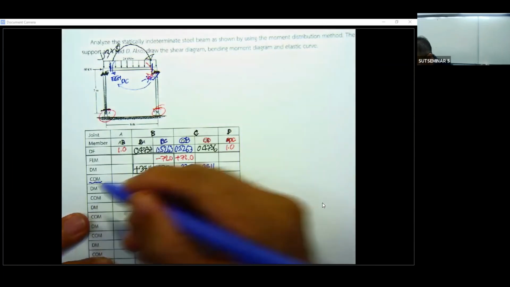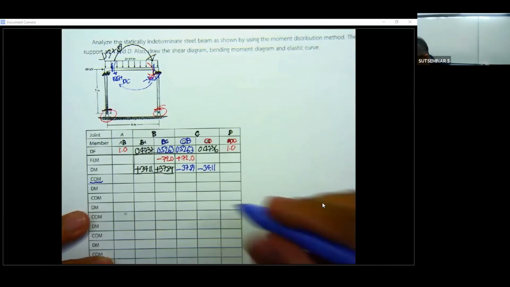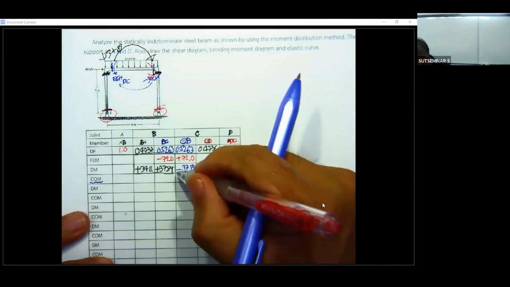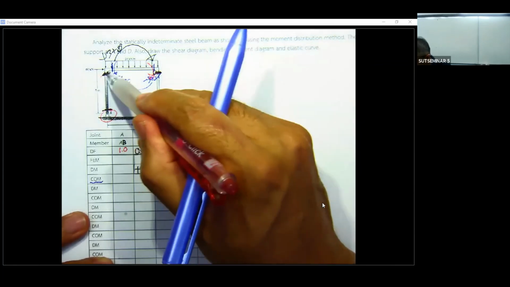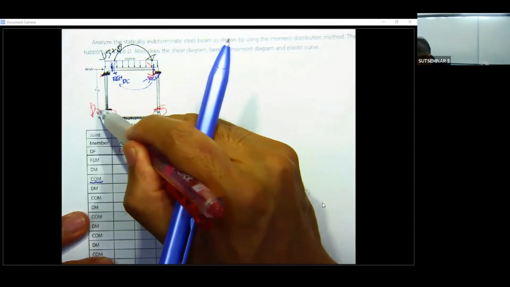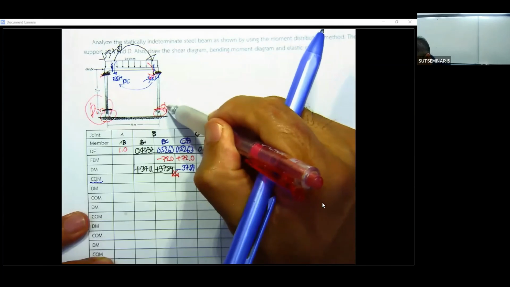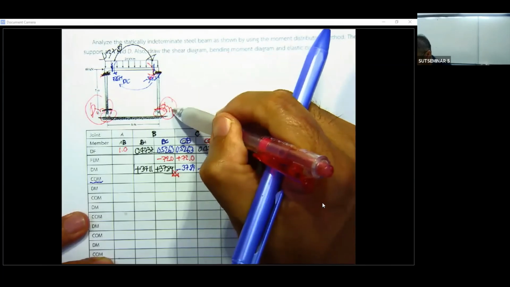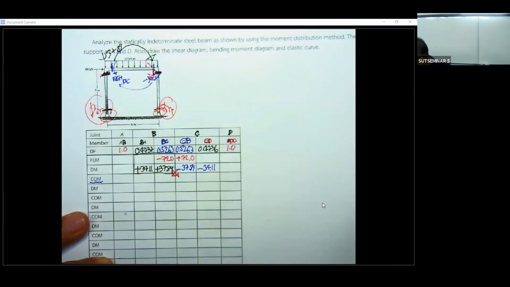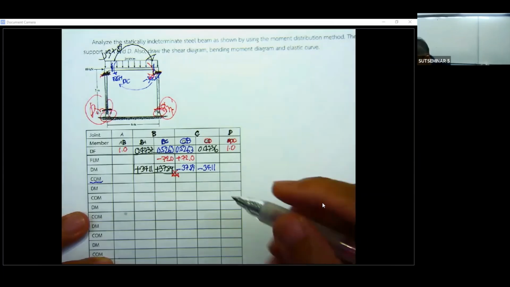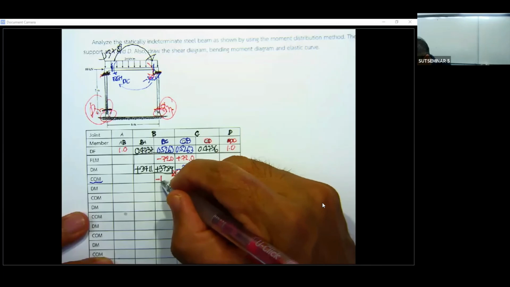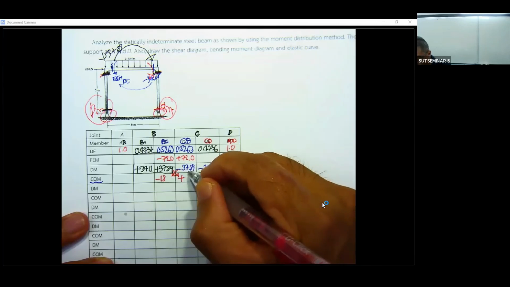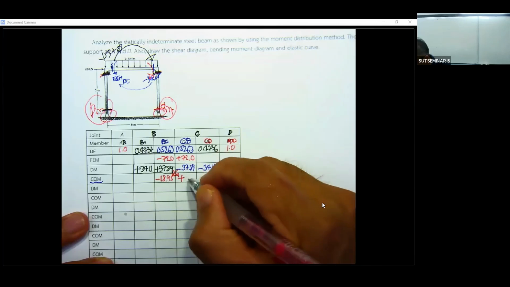So we have carry over moment that occurs in the beam. Okay, there is no carry over from here to the pin. No, there is no carry over to the pin, only this one. So this one will reduce by a half. This one positive, this one negative, 18 divided by half, 0.95.